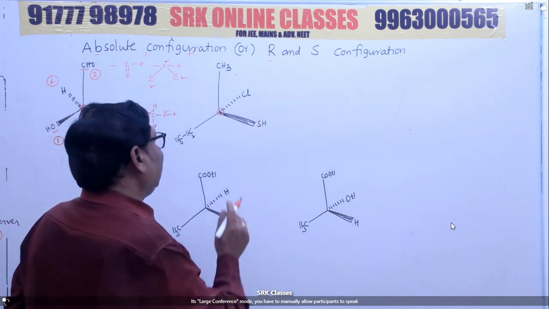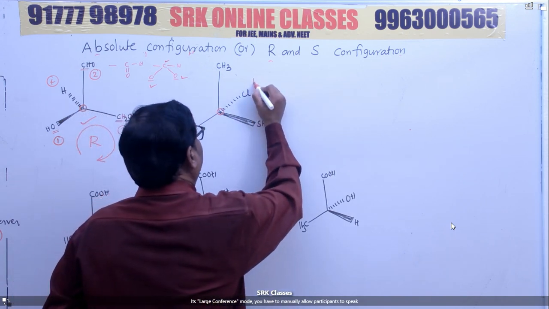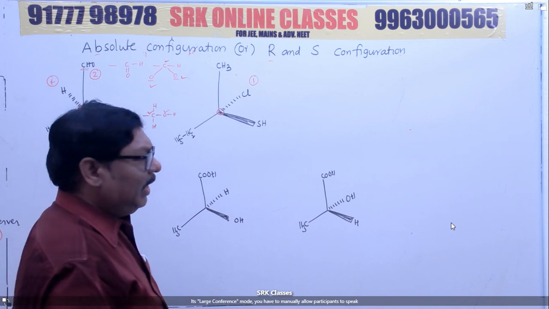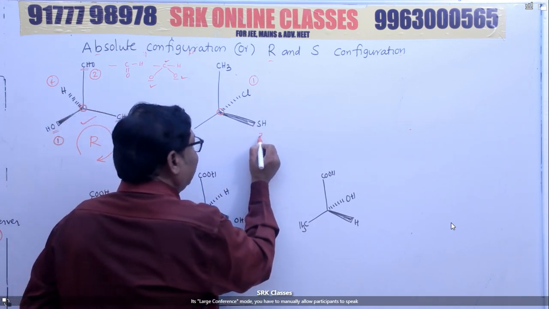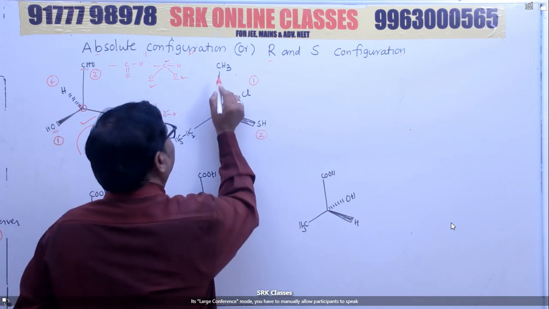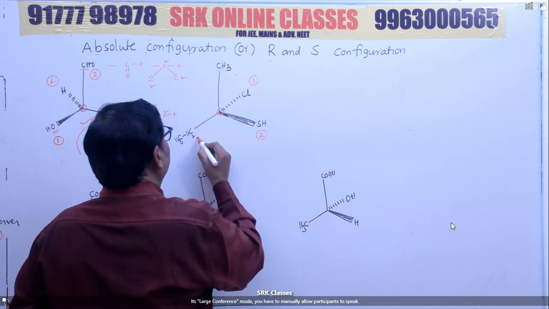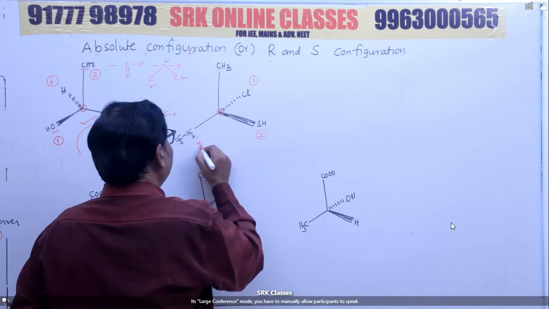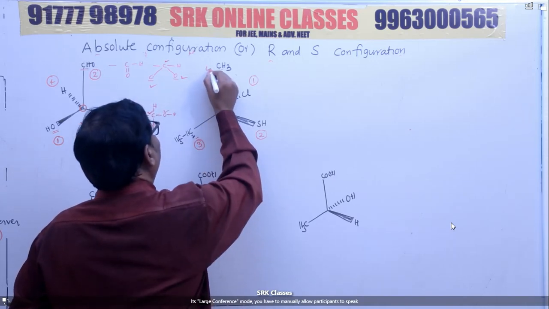So first priority should be given to what? Chlorine, for 17 is its atomic number. Next, sulfur, 16, second priority. Here carbon, here also carbon. But this carbon is attached with a carbon atom, here hydrogen. Therefore, this is third priority and this is the fourth priority.